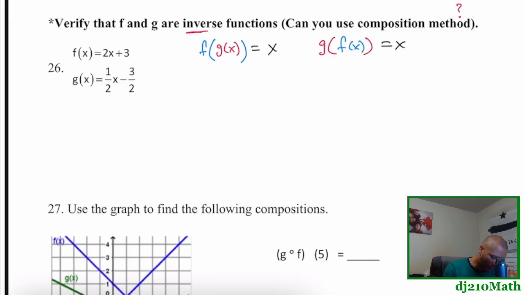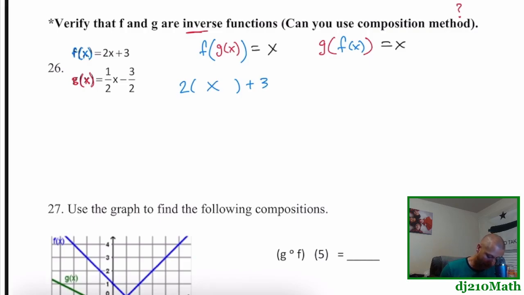So we'll let f be blue. We'll let g be red. All right, first I want to take g and put it inside of f. Compose it with f. So this is going to be 2x plus 3. That's what f is, 2x plus 3.